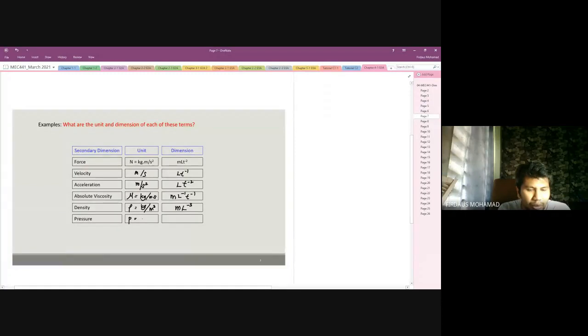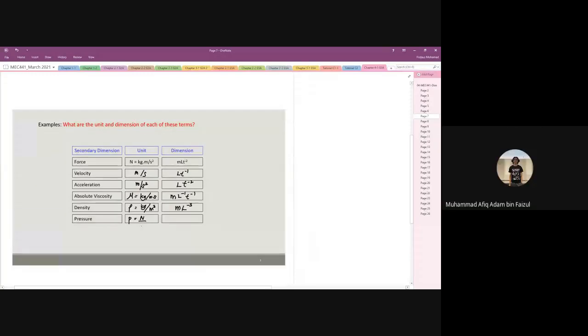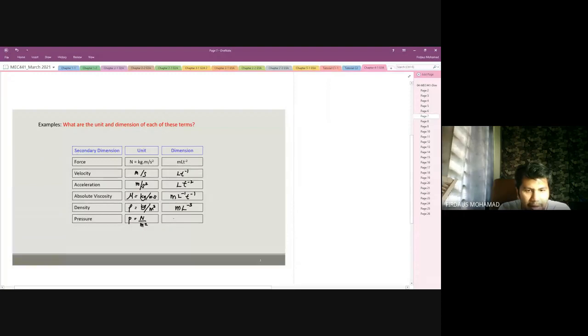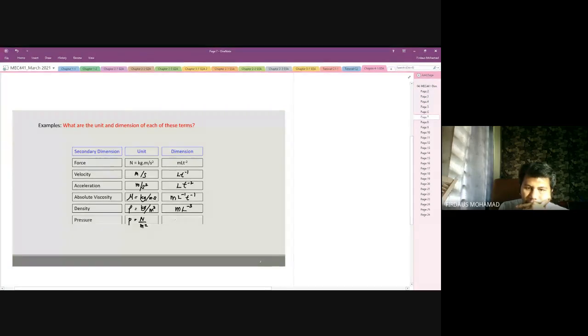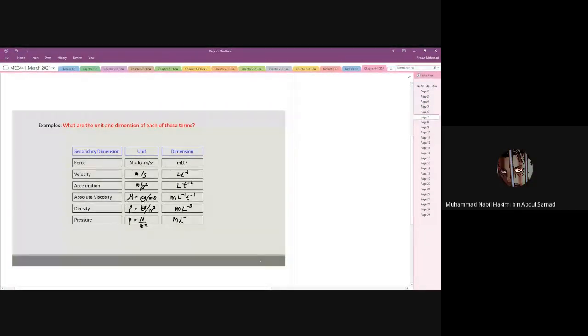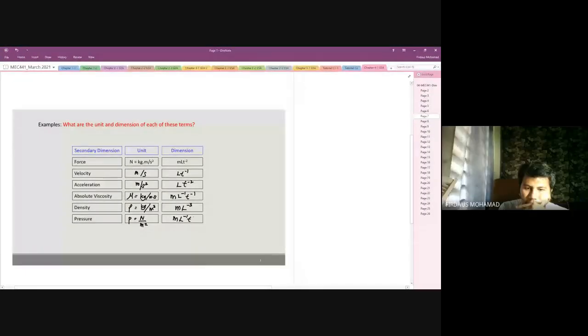Pressure, force over area, Newton per meter square. So kat sini MLT dia apa? M L minus 1 T minus 2.